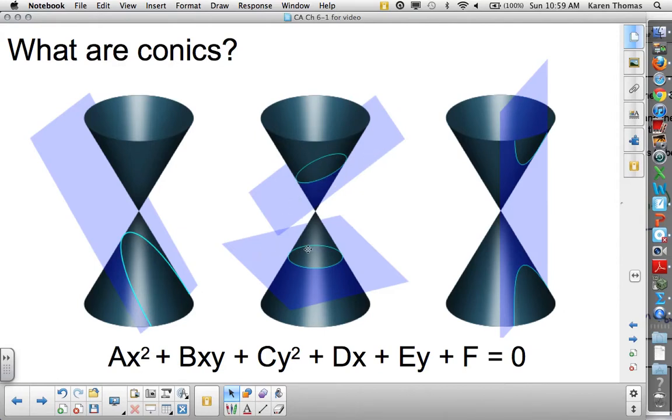If you put it through at a right angle, you do get a circle. And if you cut through both of the cones together, you get a split graph, which is a hyperbola. And then each one of these different shapes can be derived from this long equation here.